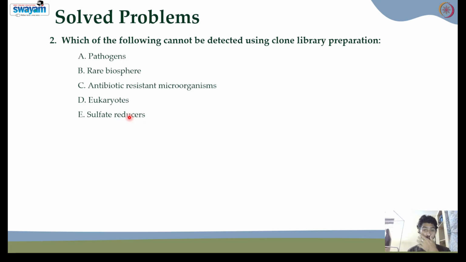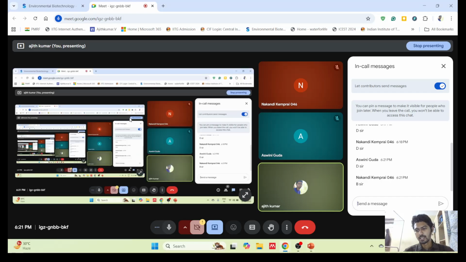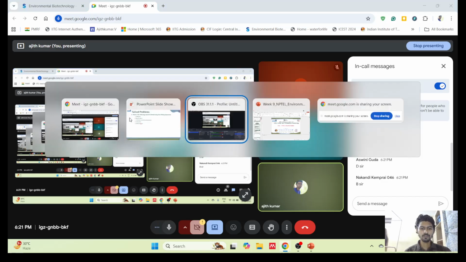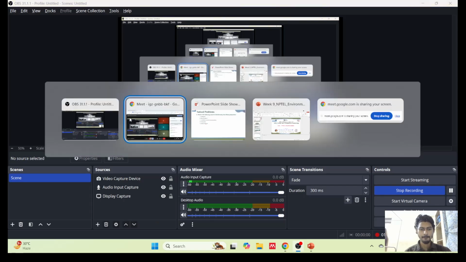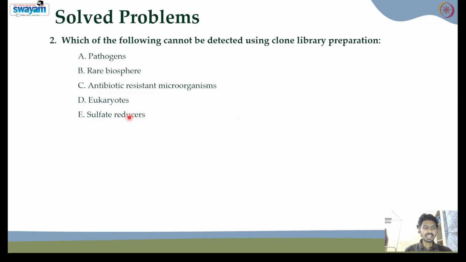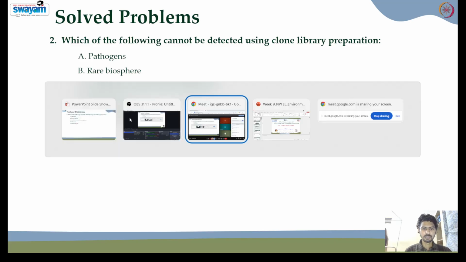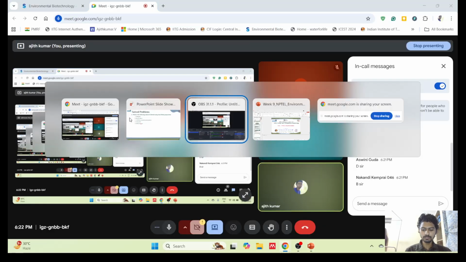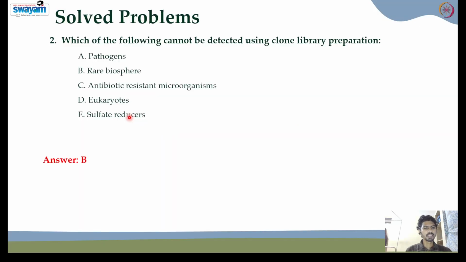Option D, okay, Ashwini, and option B, okay. Now we will see the answer. The correct option is option B, rare biosphere. The rare biosphere cannot be detected using the clone library preparation.